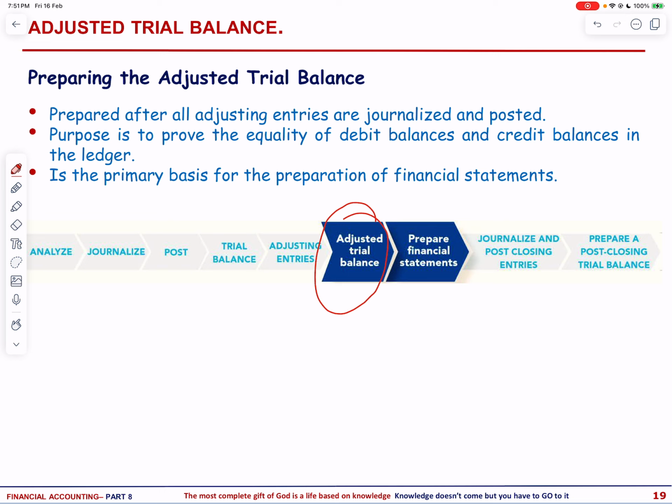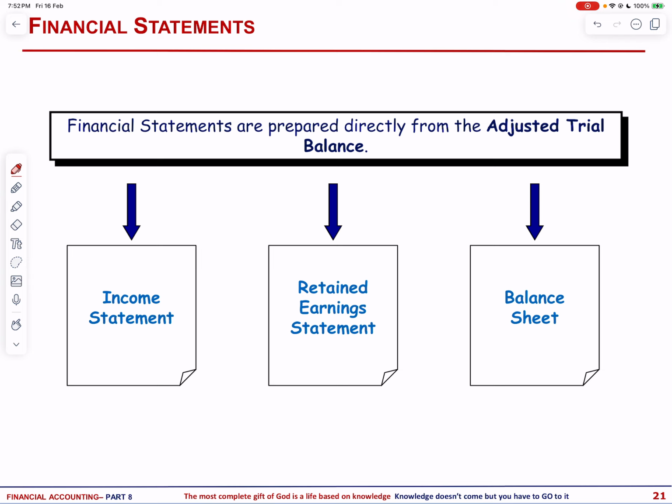So the adjusted trial balance serves as the foundation for directly preparing the financial statements. From this trial balance, the income statement is built using revenue and expense accounts. The retained earnings statement relies on data from the retained earnings account, dividends account, and net income or loss derived from the income statement.